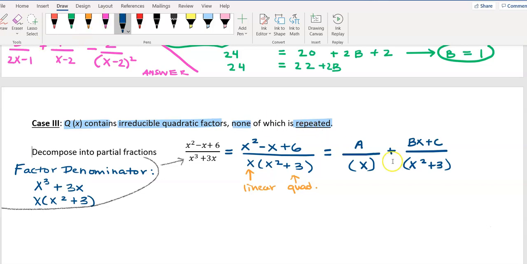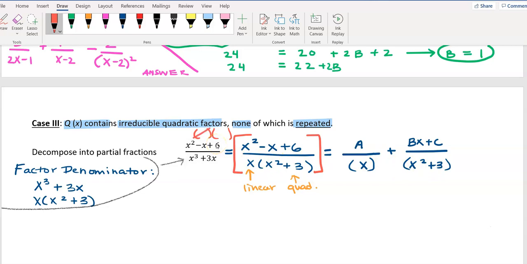So now we have our partial fractions set up, and we need to try to simplify them so that we can start to figure out what a, b, and c are going to equal. The process from here on out is very much the same. You're going to take your left-hand side and multiply it by the factors that you have in the denominator, which, notice, are the same factors that you have here in the denominator of your partial fractions, right?